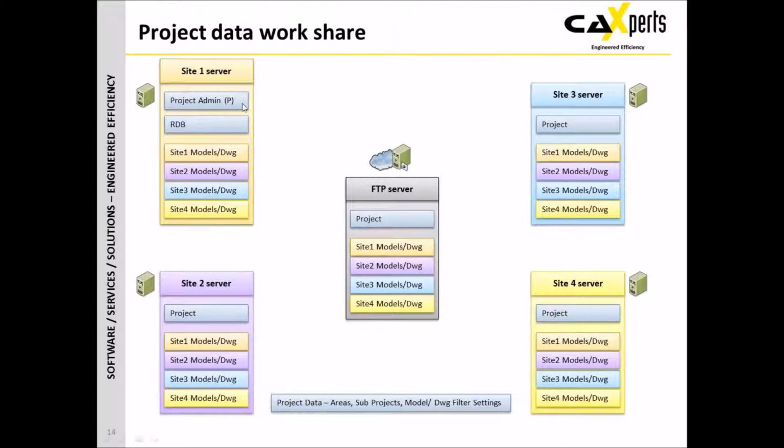So where we have P effectively means that this is the primary location, and so we've nominated site 1 as the primary location for the project administration. Effectively, to keep all of this in sync, what XpertSync does is moves that information out to the central hub and then takes it from that hub out to the individual sites, and so that keeps everything synchronized and up to date.